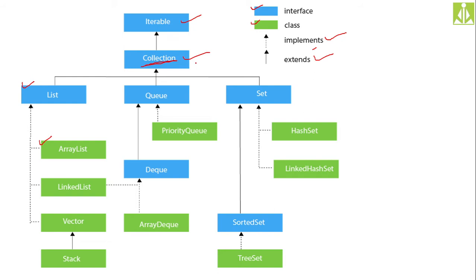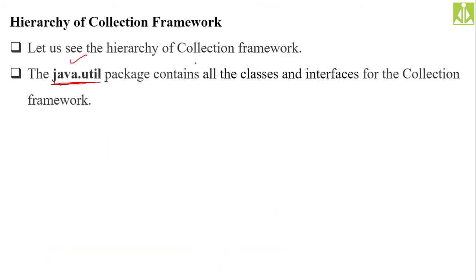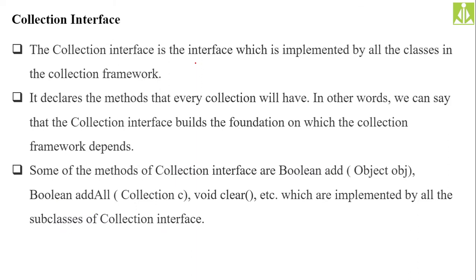The Collection interface is the interface which is implemented by all the classes in the collection framework. Whatever class you take, it is inheriting from the Collection interface, either directly or indirectly. So all the classes in our collections framework are going to have the methods which are declared inside the Collection interface. It declares the methods that every collection will have.